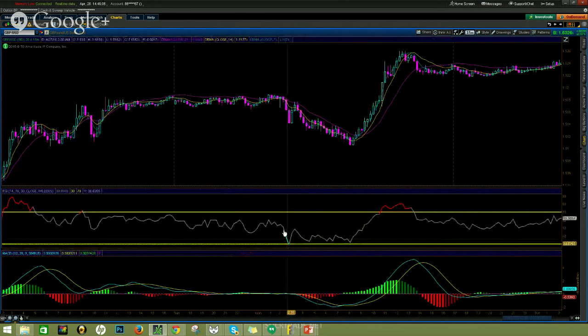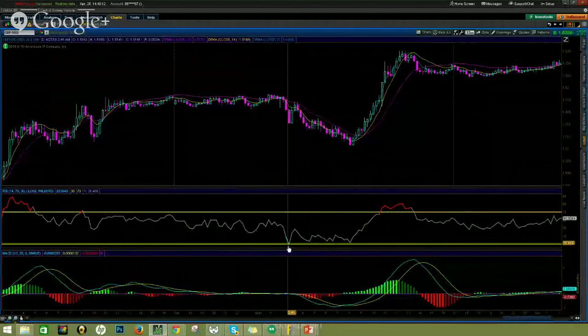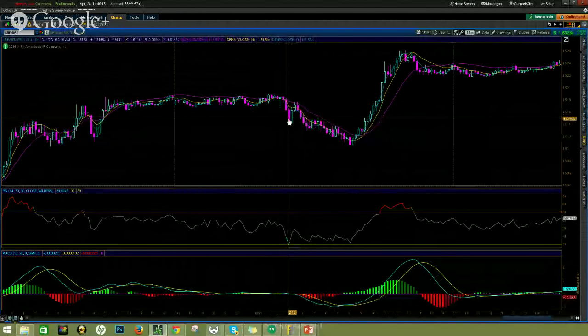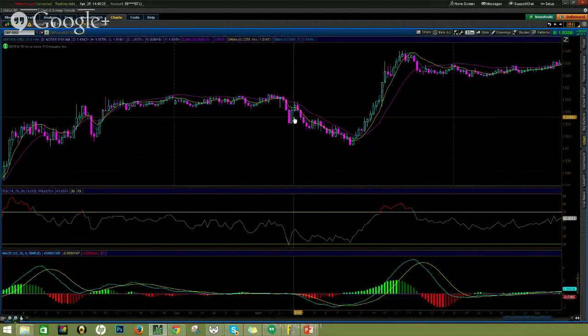Here we see that the price is oversold at this point, and it exited and then it re-entered on this candle. I would not have taken this trade for two reasons.